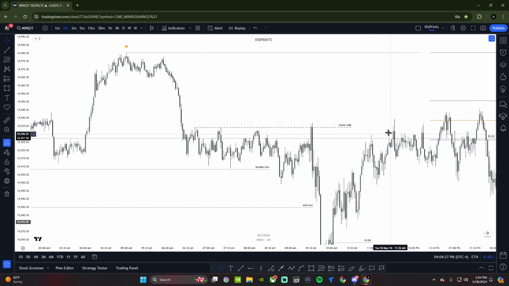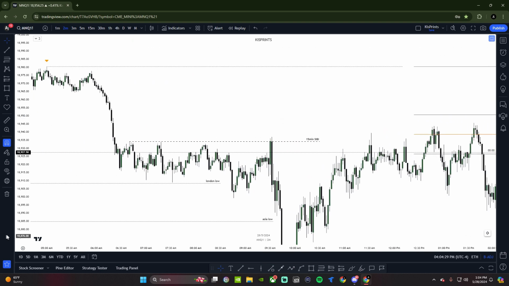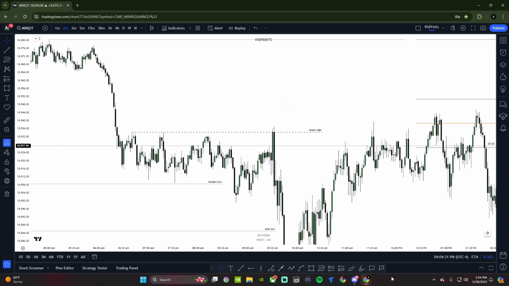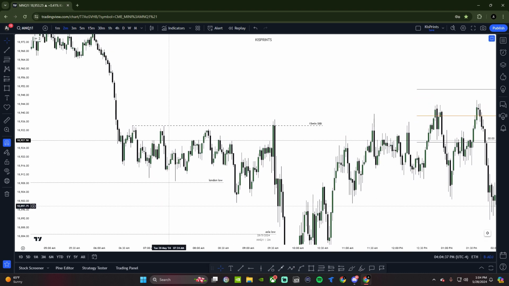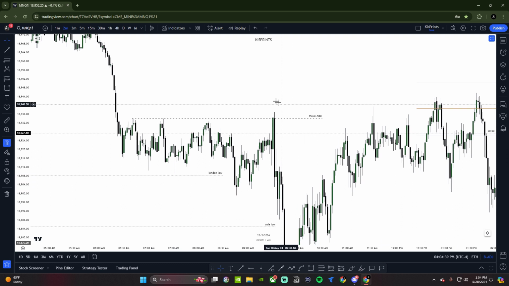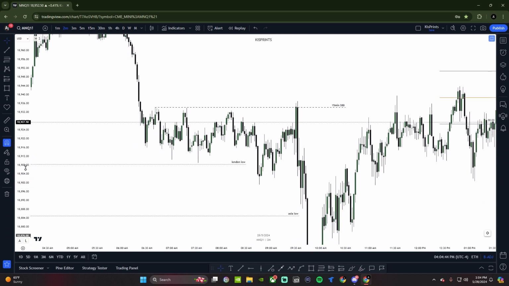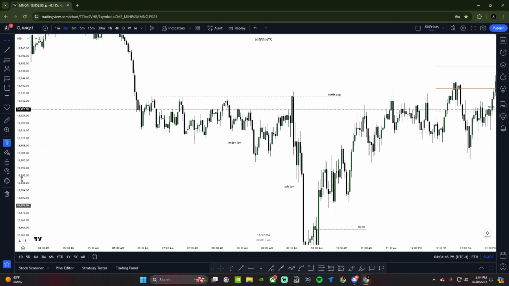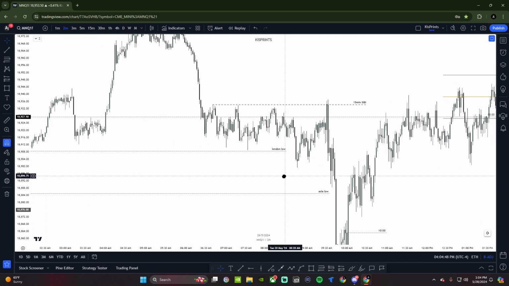Off of the 15-minute imbalance, you can find a model. So we can use the 15-minute imbalance as a higher time frame PD array. Off the higher time frame PD array, which would in this case be the 15-minute imbalance, we can use this as a market maker model high.